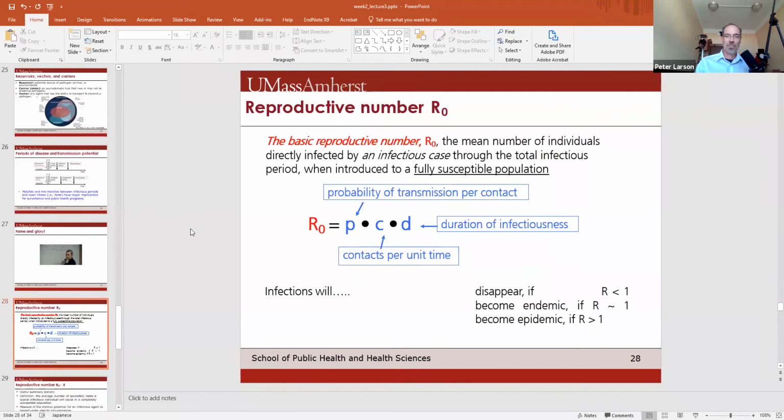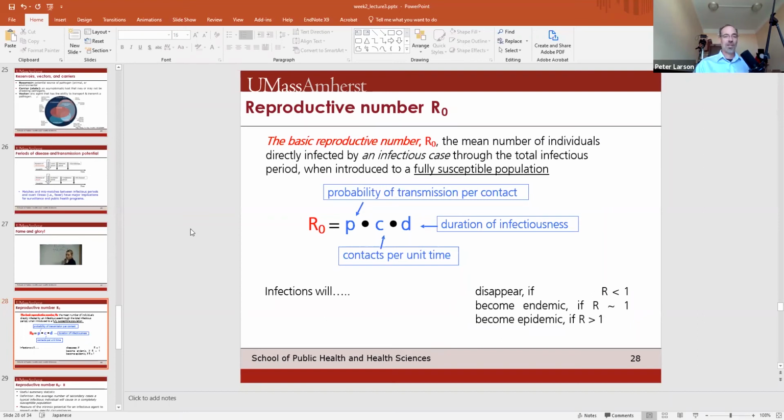So the movie was great because it introduced the reproductive number, R naught, and maybe some of you have heard this recently, especially with COVID-19. We keep talking about R naught, and it's the mean number of individuals directly infected by an infectious case through the total infectious period when introduced to a fully susceptible population. So basically the number of cases that arise out of a single case of an infection. And calculating R naught can get really complicated really quickly.